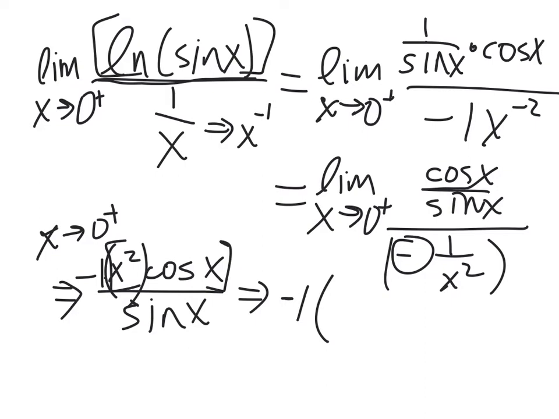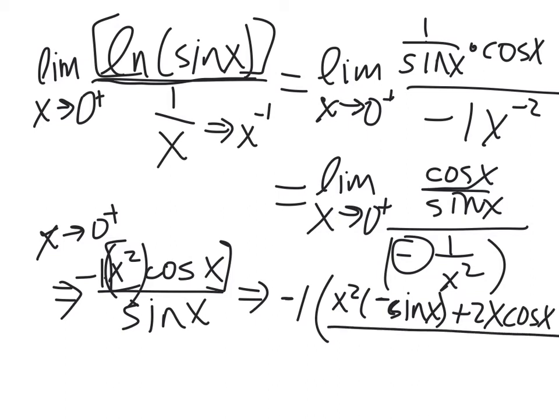Derivative of x squared times cosine x, product rule on it. Derivative of the first times the second, so we'll have that in the numerator and cosine x in the denominator. Okay.